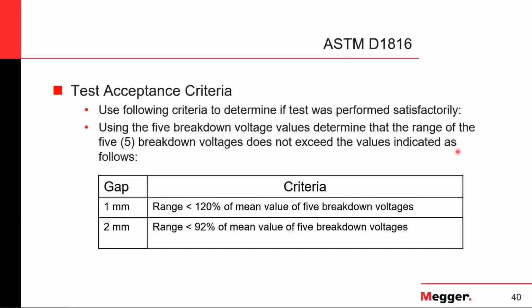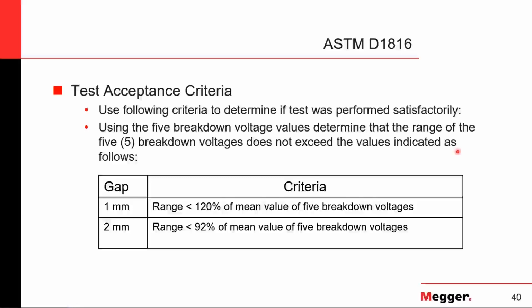For ASTM D877, pretty similar criteria. When we do 5 breakdowns, the range, remember, the difference between the maximum and the minimum recordings, should be less than 92% of the mean value of the 5 breakdown voltages. Now, here ASTM differs a little bit from D1816.